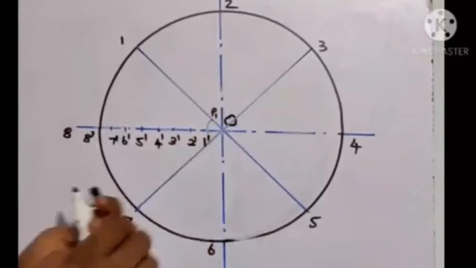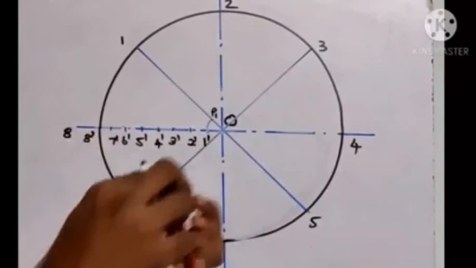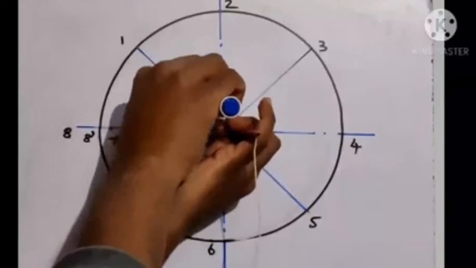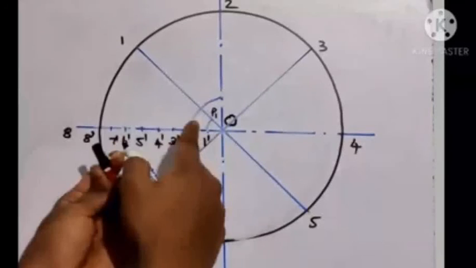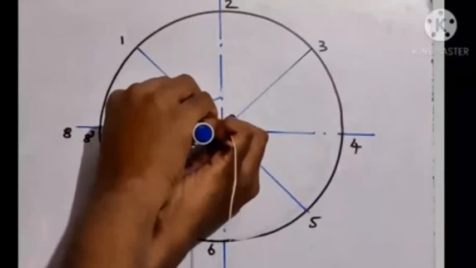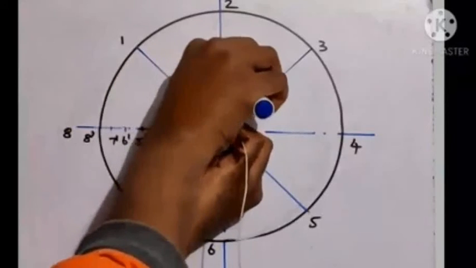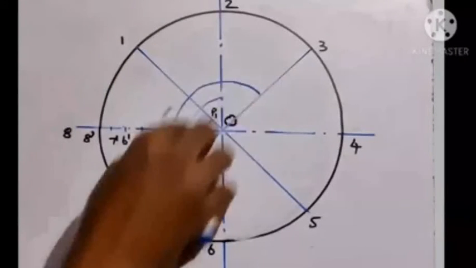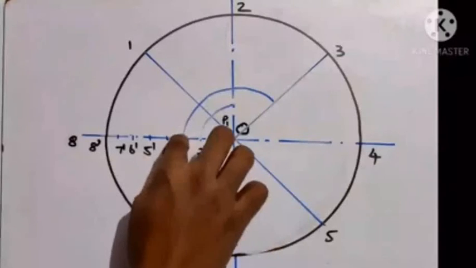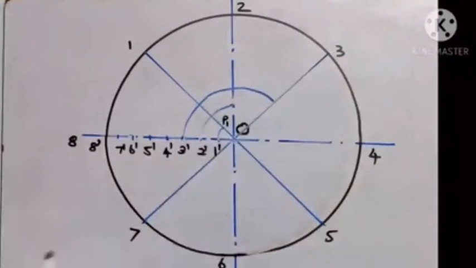Next, similar to that, I'm going to take O to 2 dash as the radius and O as the center, and make an arc till the O2 line. Similarly for O to 3 dash, I took it as the radius, O as the center, and made an arc till the O3 line.